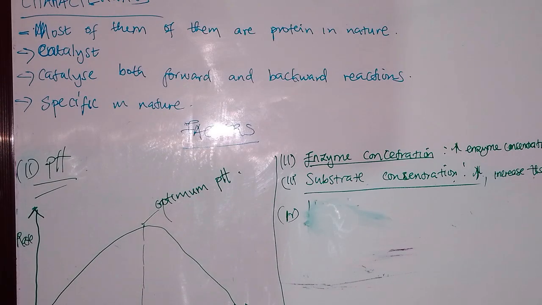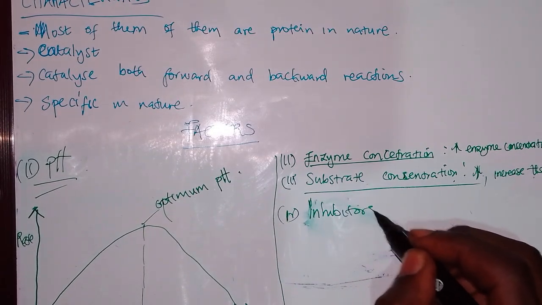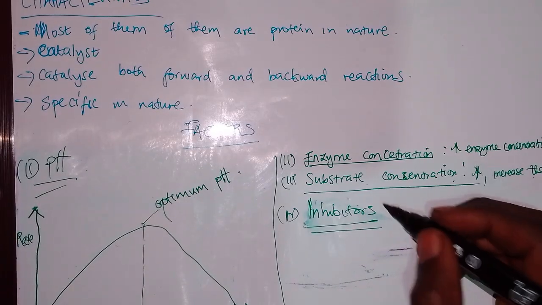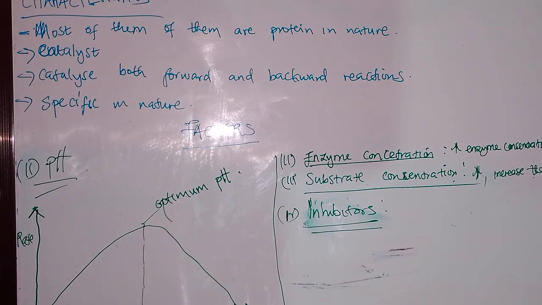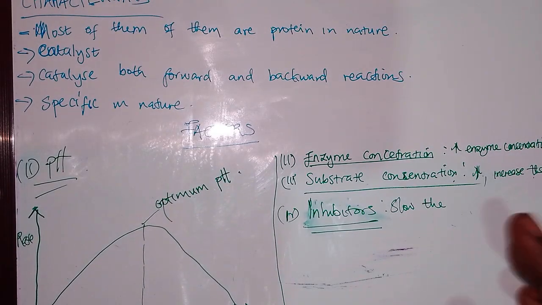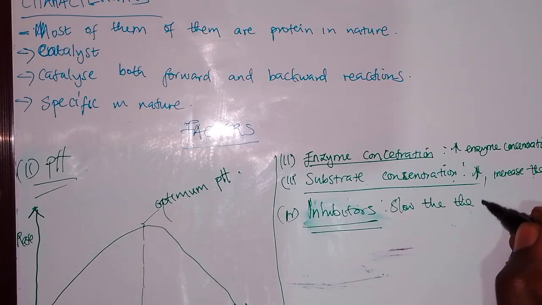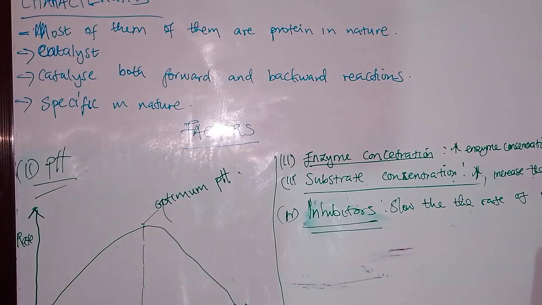So here what you need to know is that all poisons are what? Are inhibitors. So we are saying we have inhibitors. So an inhibitor is a substance that slows or completely stops the rate of enzyme activity.